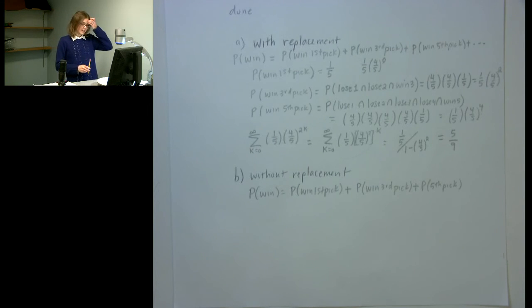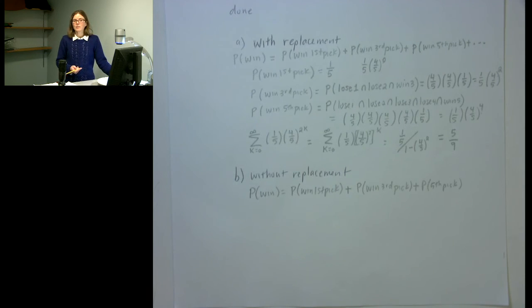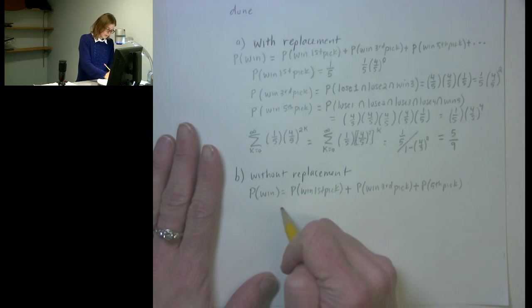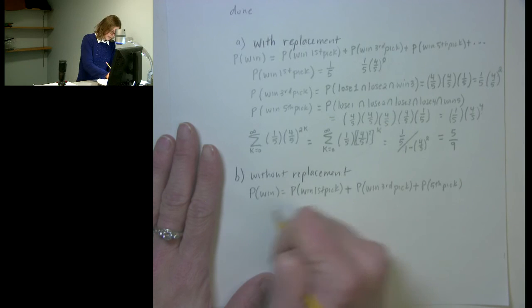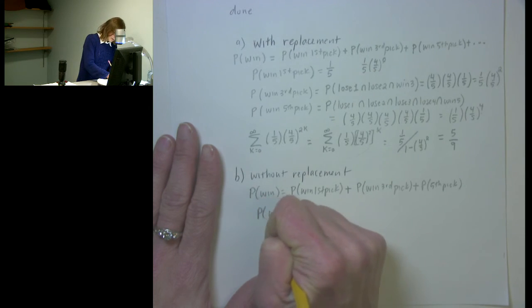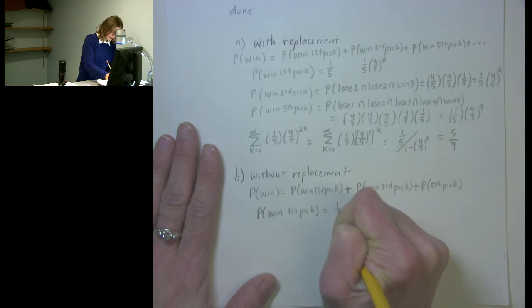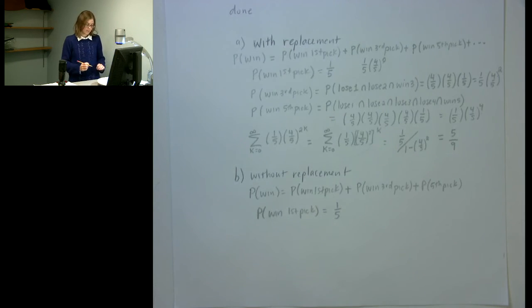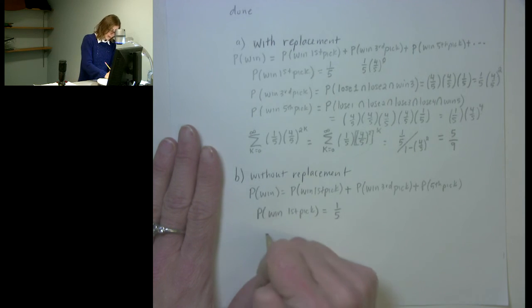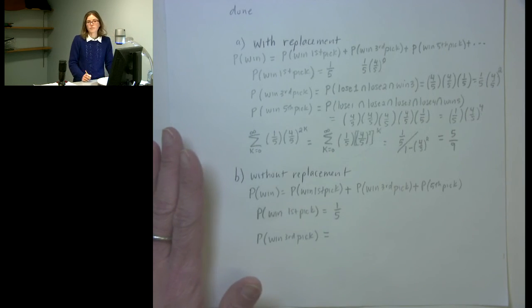The difference here is that now what happens in each of the picks is no longer independent of each other, right? So the probability of winning on the 1st pick is still 1/5. The probability of winning on the 3rd pick is a little more complicated, right?